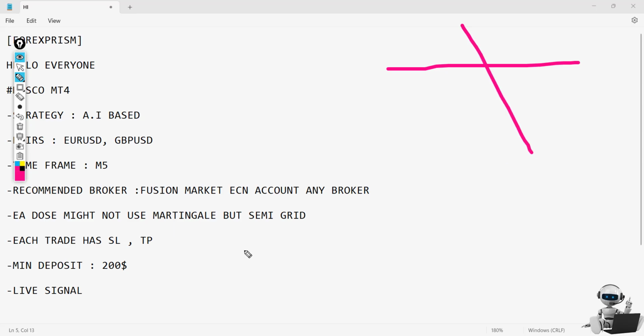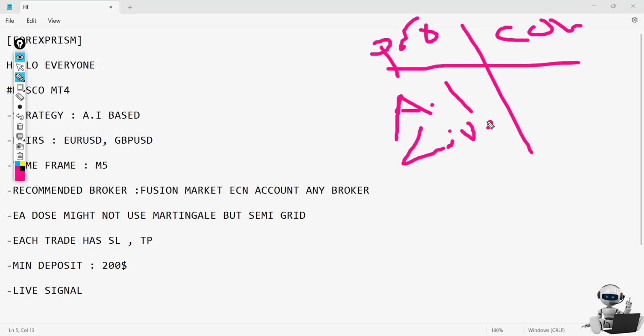So as usual, the pros and the cons for this EA. First of all, the strategy behind the EA is very impressive, using AI, or the style of the strategy. We have live data, which is amazing, and also the setting, the dashboard, that is also one of the benefits for this EA, and it's making good profit with low drawdown.